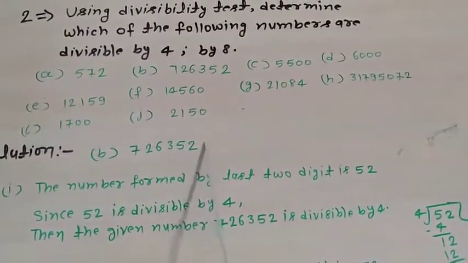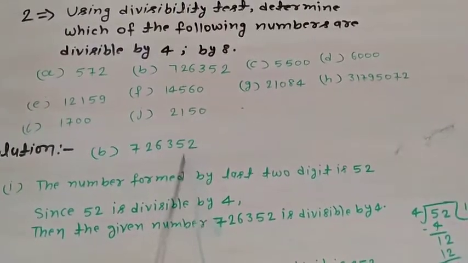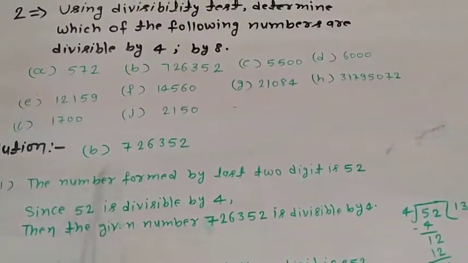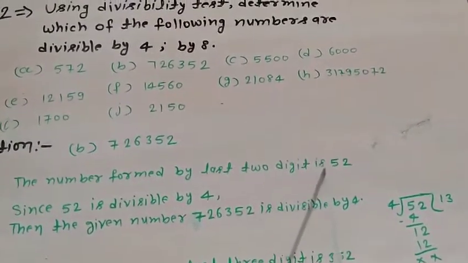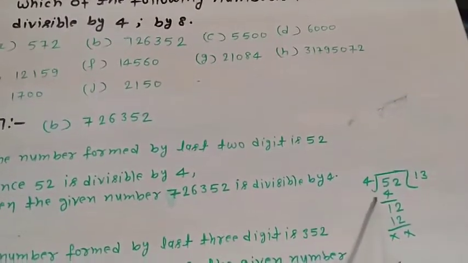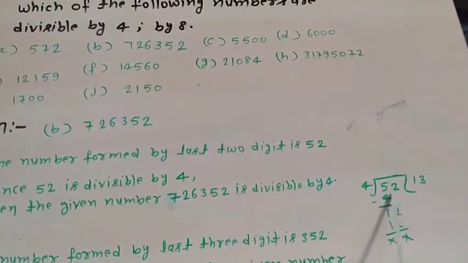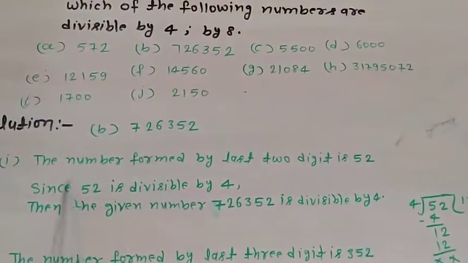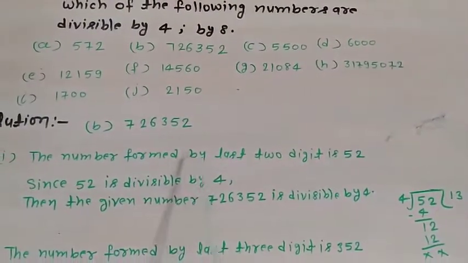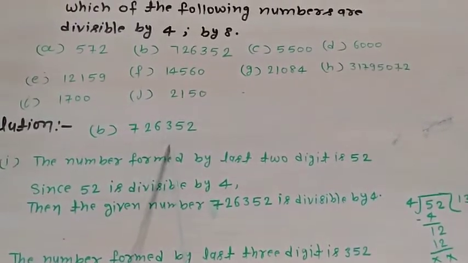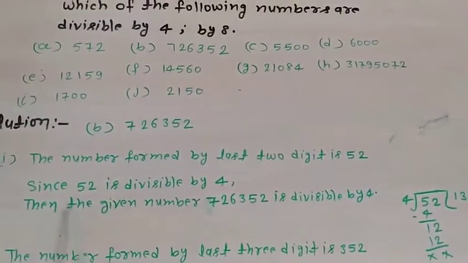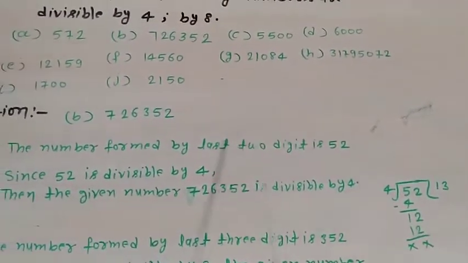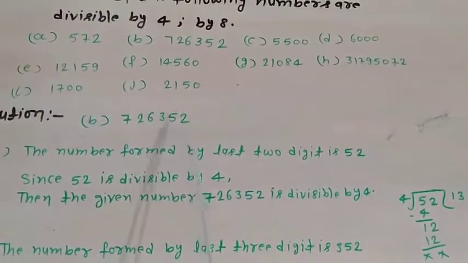Here the number formed by the last two digits is 52, and we divide it. 52 is divisible by 4. So since 52 is divisible by 4, the given number 7,26,352 is divisible by 4.